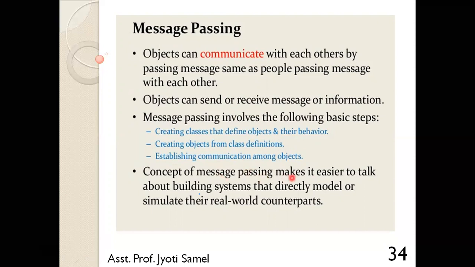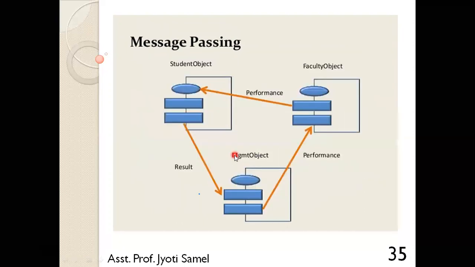The concept of message passing makes it easier to talk about building systems that directly model or simulate their real world counterpart. Here we can find faculty as an object, management is an object, as well as student is an object.